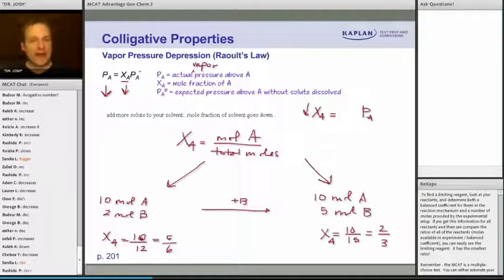It's a direct relationship. Notice multiply, it's just right there. Nice direct relationship. Increase one, increase the other. Decrease one, decrease the other. So as you add solute, you lower the mole fraction. And if you lower the mole fraction, you lower the vapor pressure.